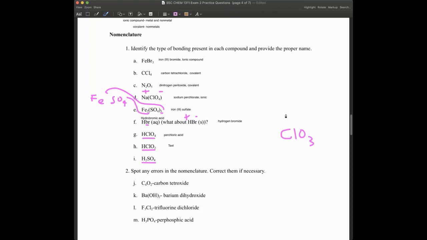What do we call that? Yeah, so one more is going to be ClO4. This is going to be per. And then what's one less than the chlorate? Chlorite, perfect. Okay, so we do that. Exactly.